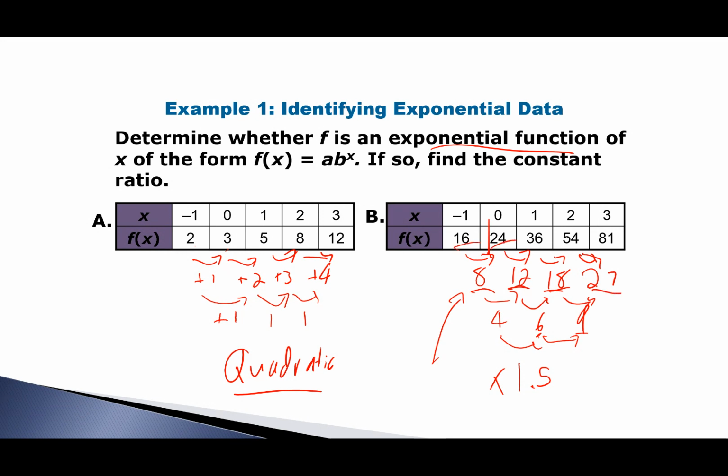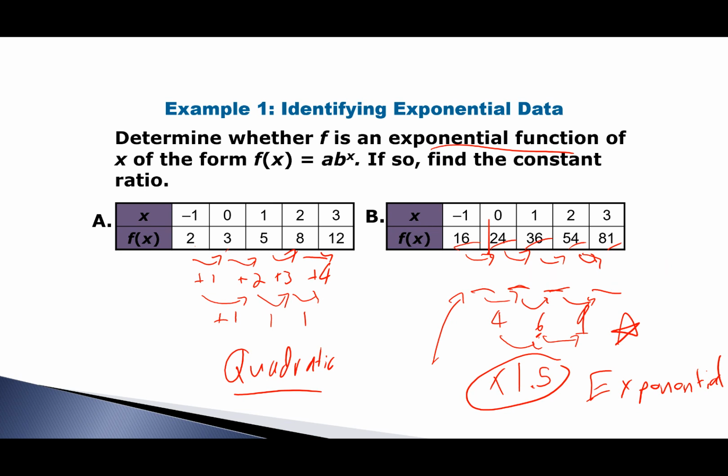And even all the way up here, all of these are still the pattern that you might notice is that they're all being multiplied by 1.5. 16 times 1.5 gets you 24. 24 times 1.5 makes 36, etc. So the fact that these values didn't change, but the ratio stayed the same, kind of gave me a hint that it was exponential. This is exponential, by the way, because we're multiplying by a common value.